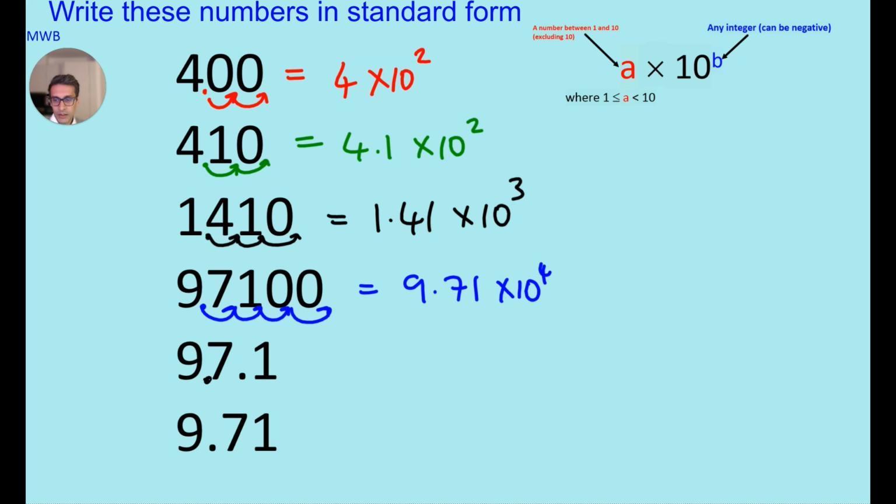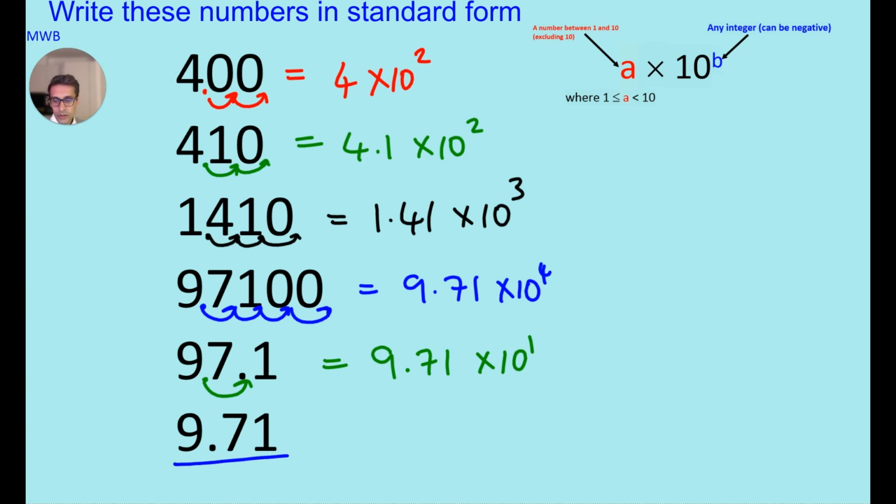Well, it would have to be here, and we want it to go back to where it originally was, which is in this case only 1 place to the right. So this will be 9.71 times 10. Now we've only moved it once, so it's 10 to the power 1. So 9.71 times 10 to the power 1 is equal to 97.1.